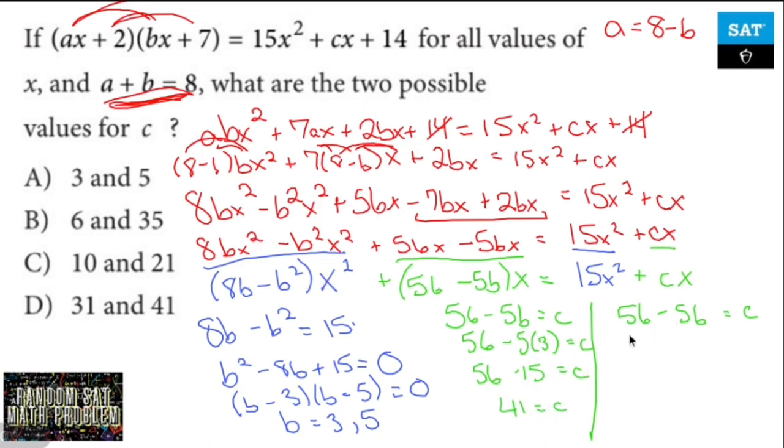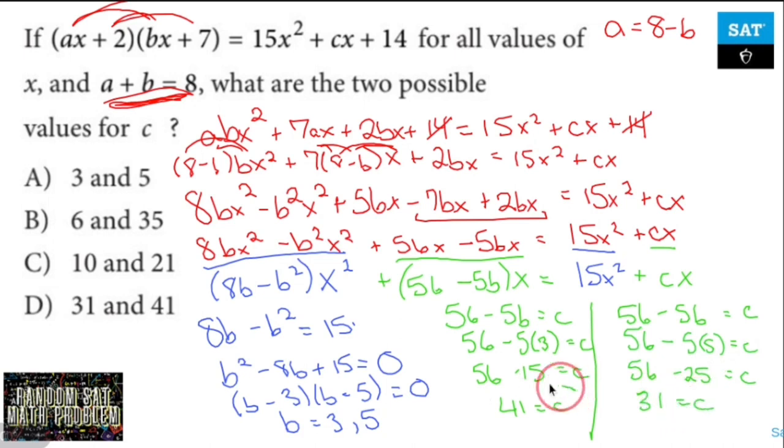Oh, but I have another. b could be 5. So 56 minus 5 times 5 is going to equal c. 56 minus 25 equals c. 56 minus 25 is going to be 31.